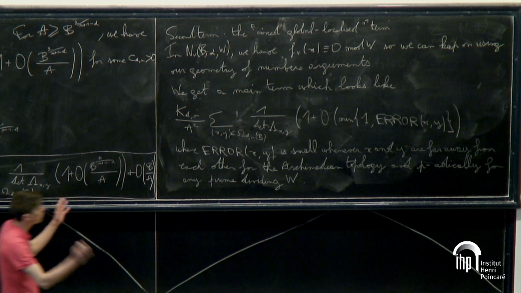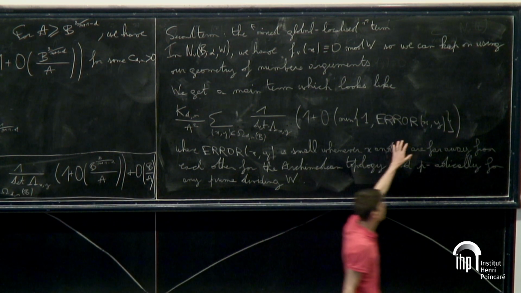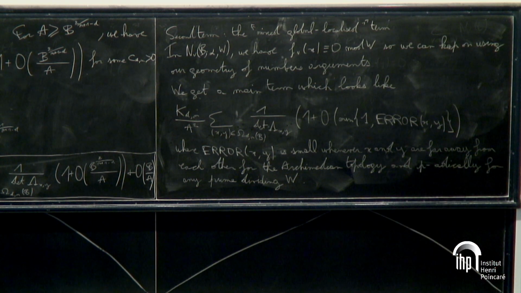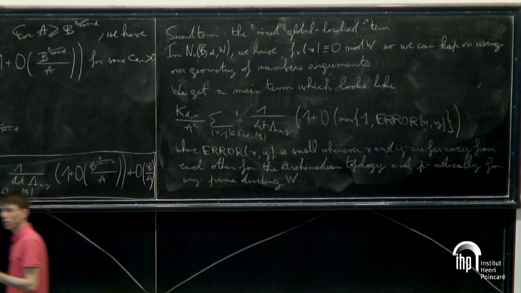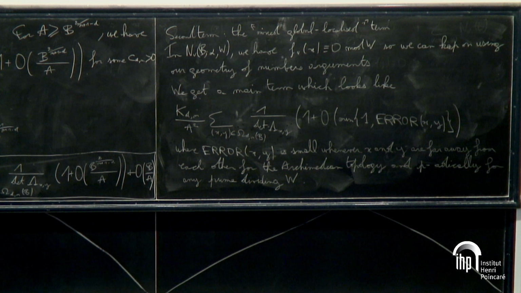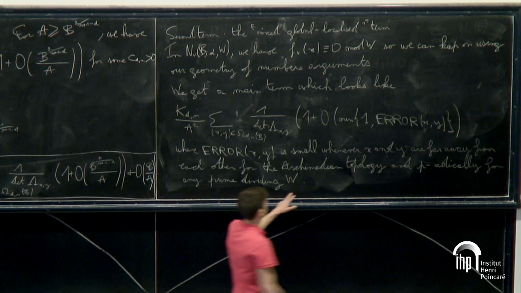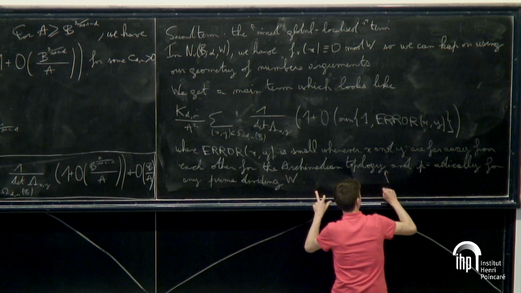So we get almost the main term with a small error, and the error is nice when x and y are far away from each other, both for the real topology and periodically for any prime dividing W. And here I mean in terms of alpha, of course.